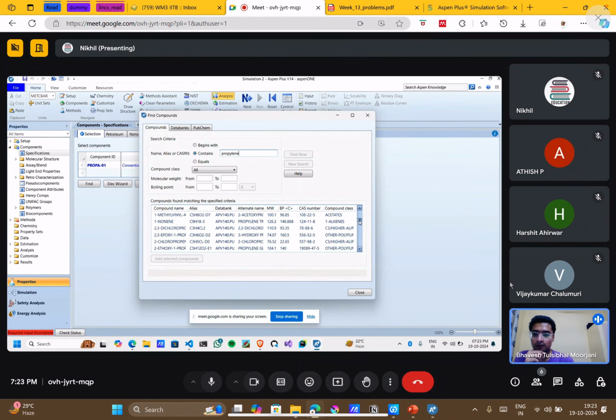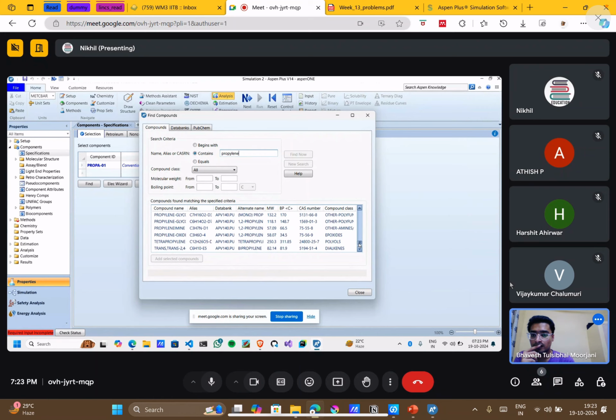No, go down. In the compound name, when it starts from P, you will get propylene. Slightly up. Yeah.